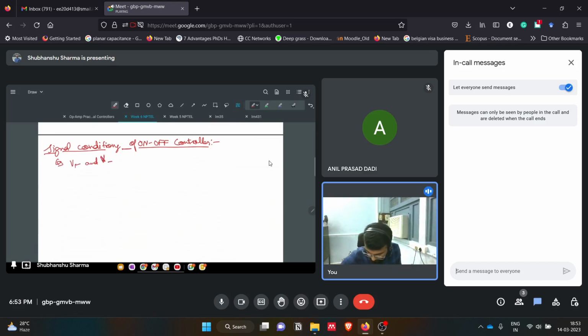For that, what we can do is make a simple inverting amplifier. Again, these two resistors are used for bias current IB compensation.